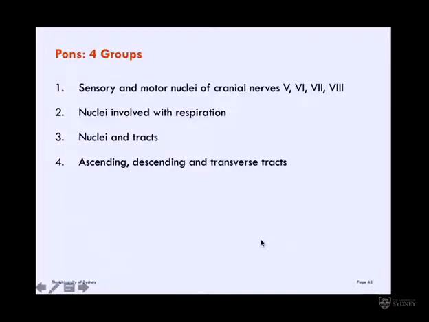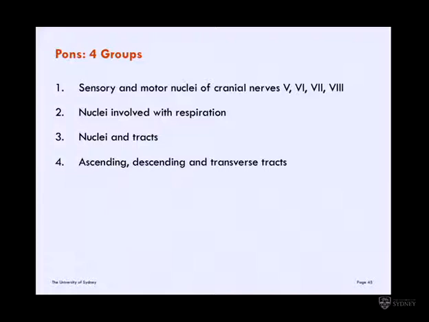So within the pons you find the motor nuclei of cranial nerves 5, 6, 7, and 8. So once you know what functions these cranial nerves have, you should be able to link them back to damage within the pons, because this is where the cell bodies are located, right?